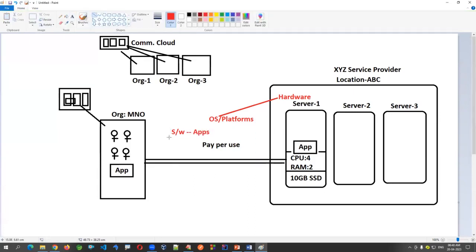Listen carefully. For example, you buy a laptop. If you go to a shop, they'll ask, what is your expected configuration? You will say, I want the latest Intel model CPU, I want this much RAM, I want this much SSD, the screen should look like this, the laptop should look like this.